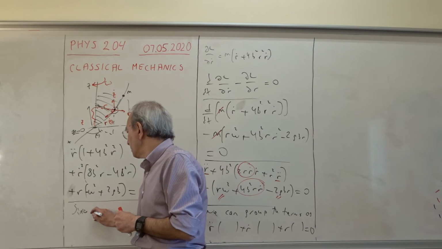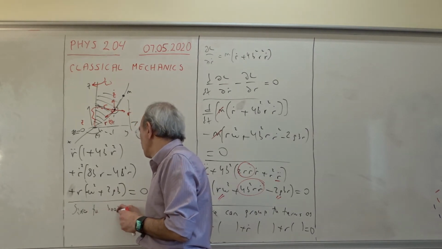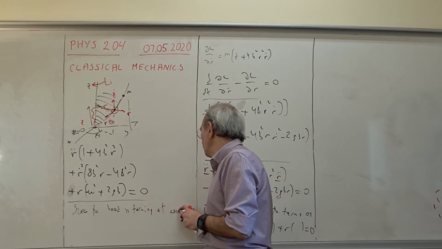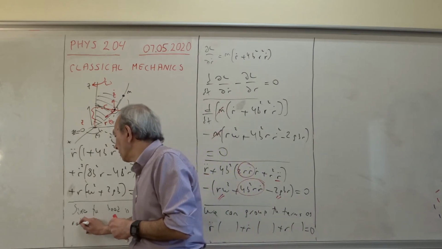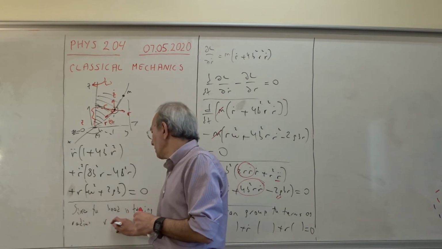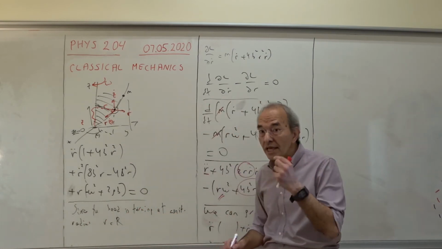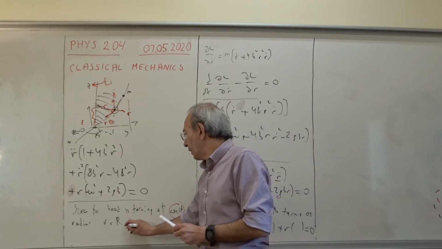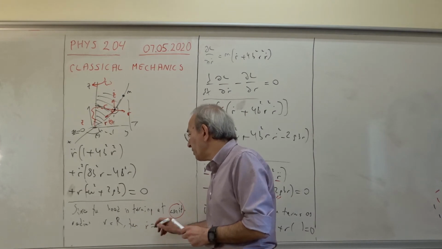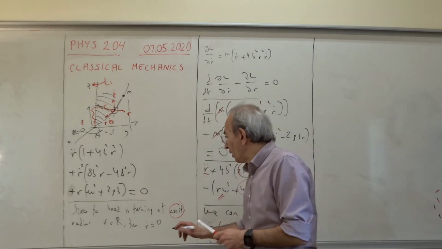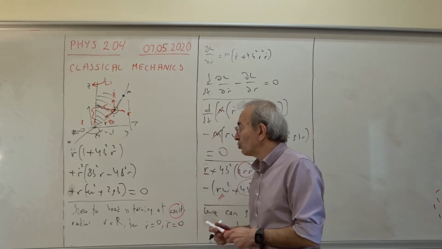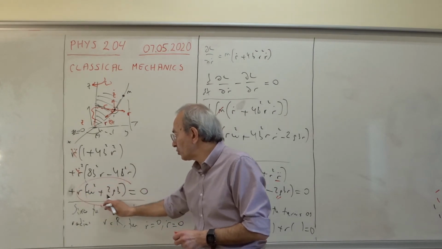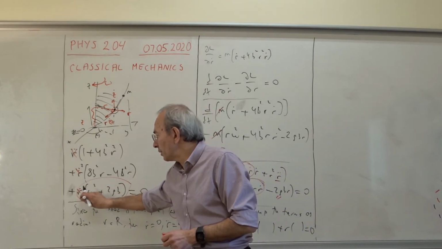Since the bead is turning at constant radius, what is that value? Not important. R is equal to capital R, for instance. If it is turning at constant radius, then obviously r dot will be 0 because there is no change in r, and automatically r double dot is also 0. So we are not interested in these terms. We are left with only this term, and this r now becomes capital R.